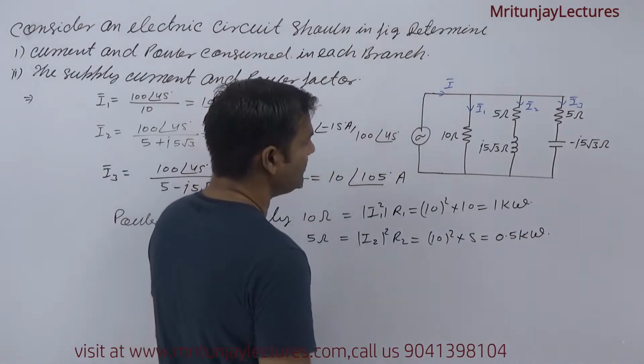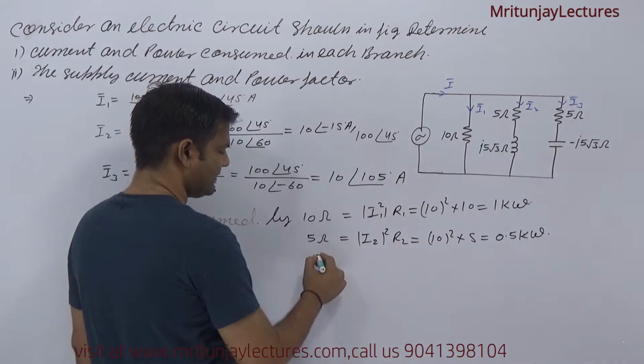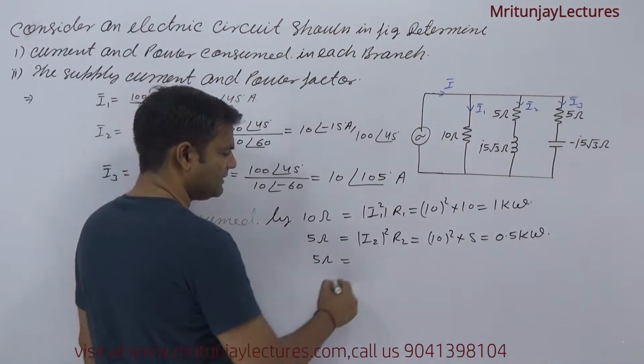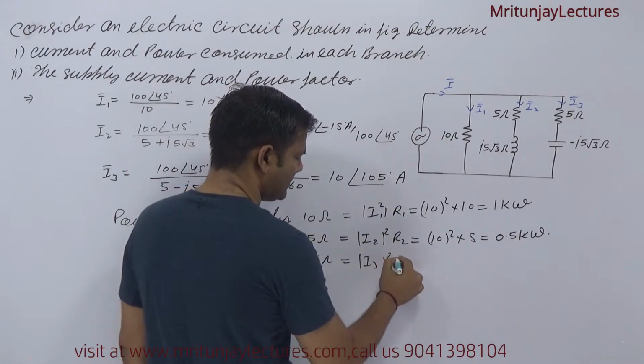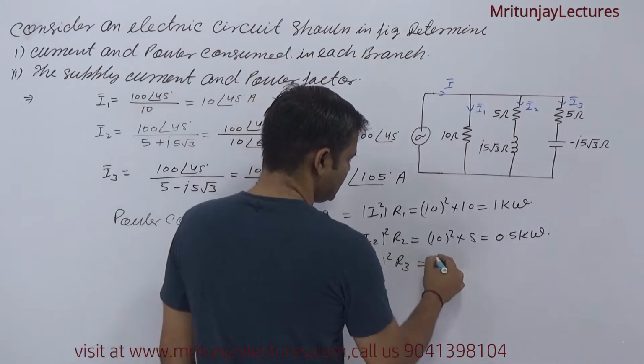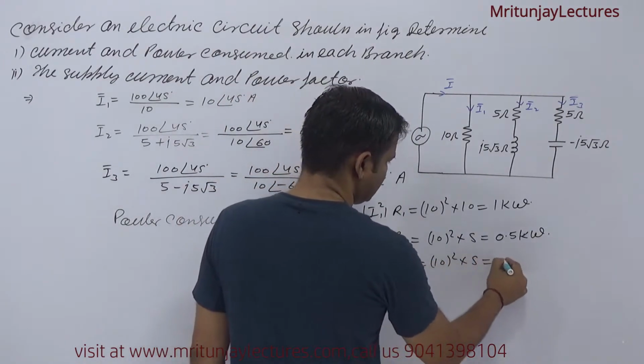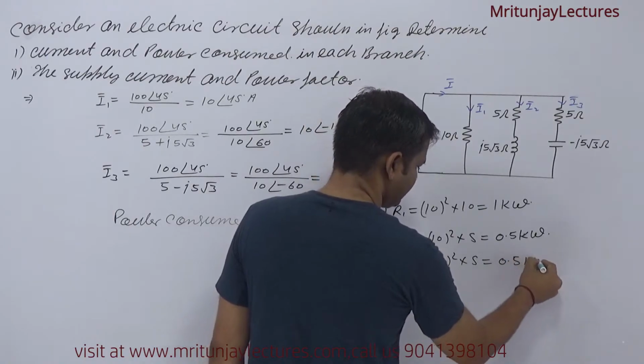Now again for I3, the magnitude of I3 squared into R3, that is 10, gives 0.5 kilowatt.